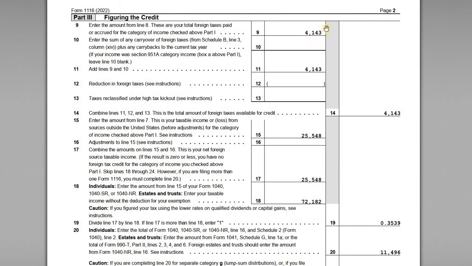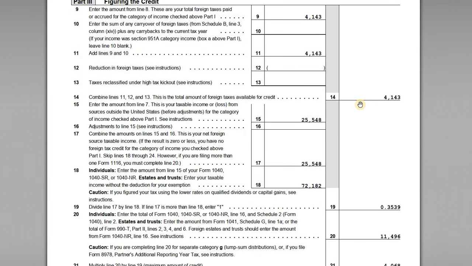So starting with the top here, line 9, that's pulling from page 1, the $4,143. We don't have any amounts being carried over from a prior year, right? So the total amount of taxes that we're going to be working with here is the $4,143 figure.